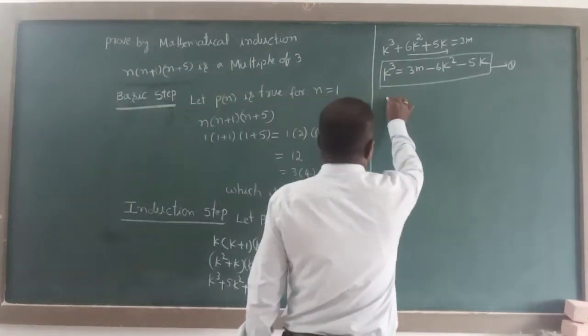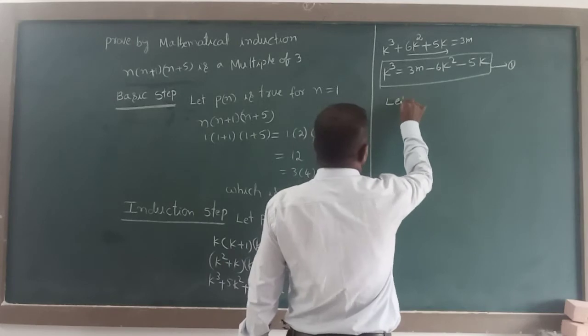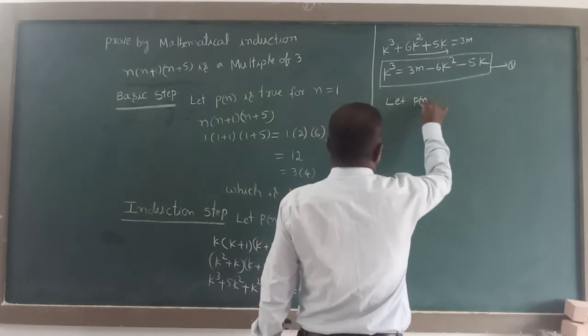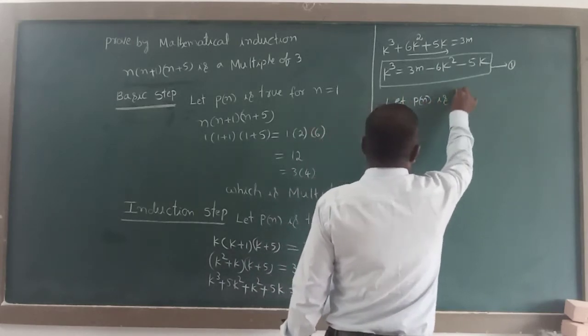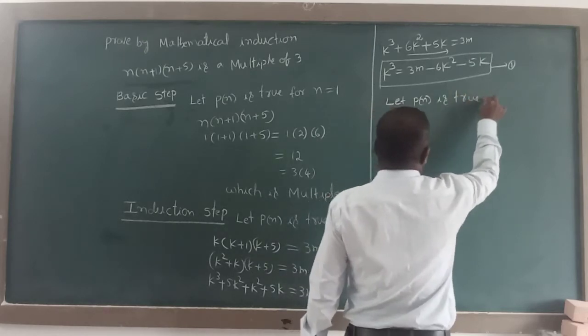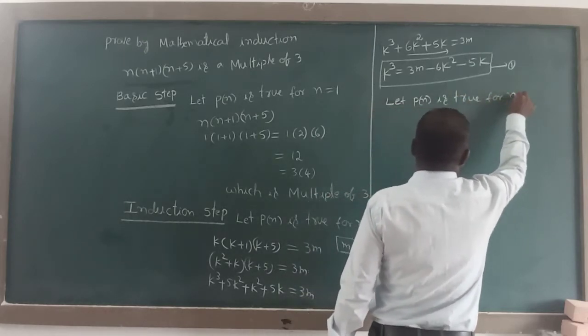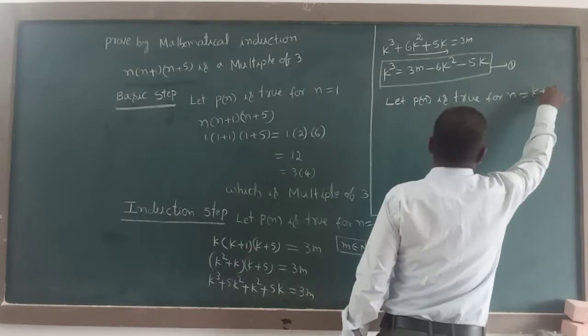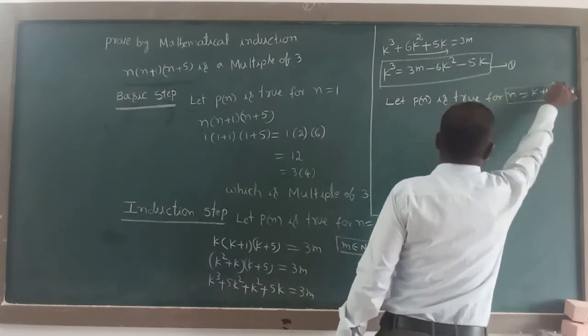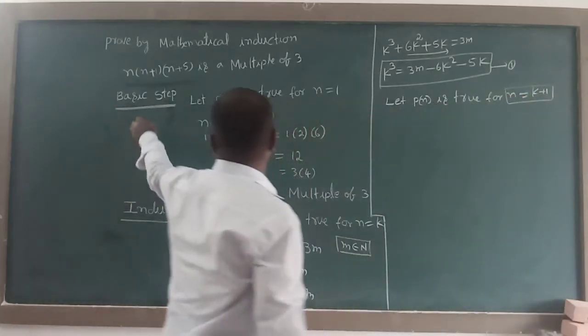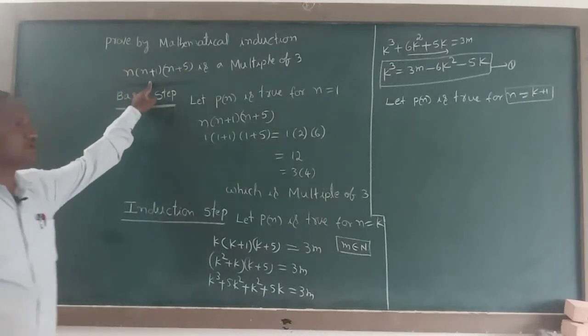Let P of n be true for n is equal to k plus 1. Here they gave the term n into n plus 1 into n plus 5.